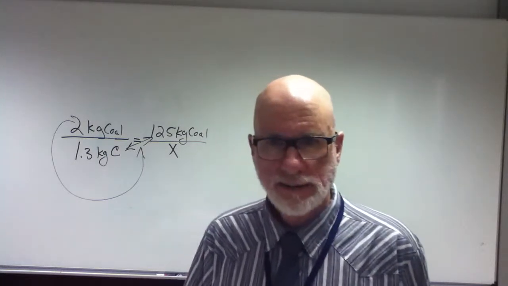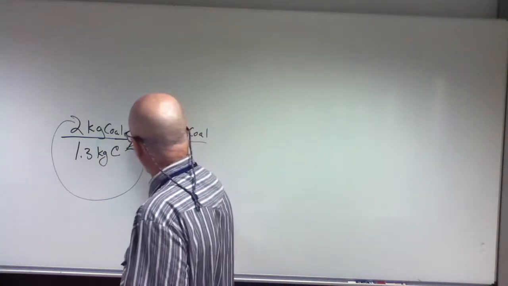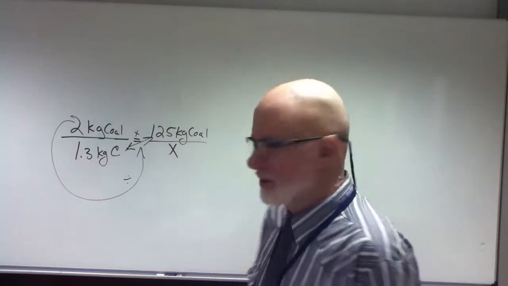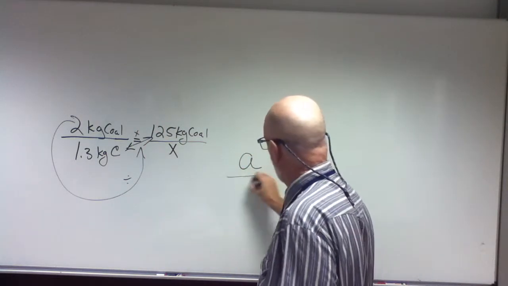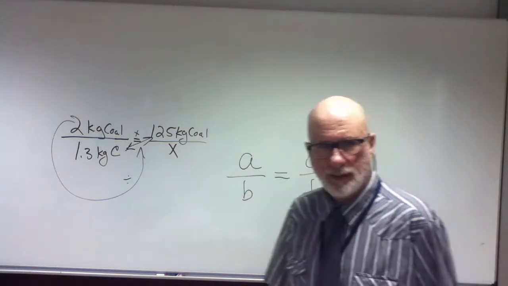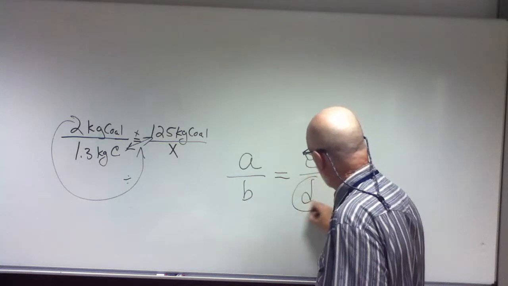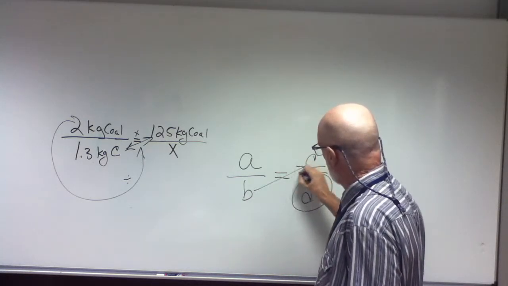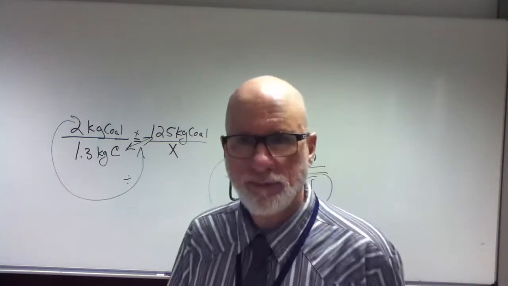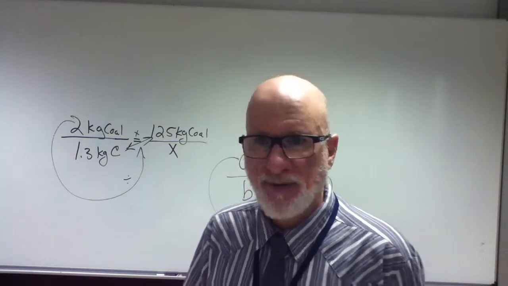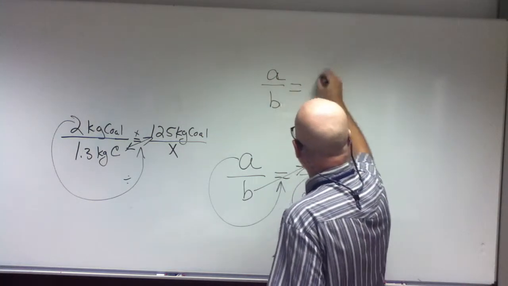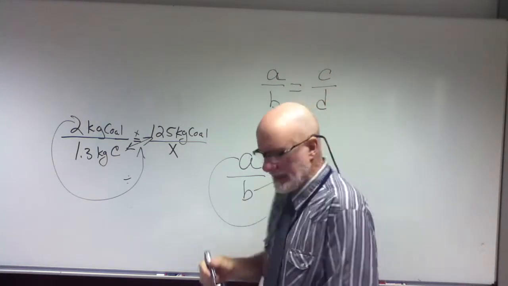So in other words, A over B equals C over D, correct? If I'm solving for D, I cross multiply and divide. Clear? If I set it up like A over B equals C over D, let's set it up differently.